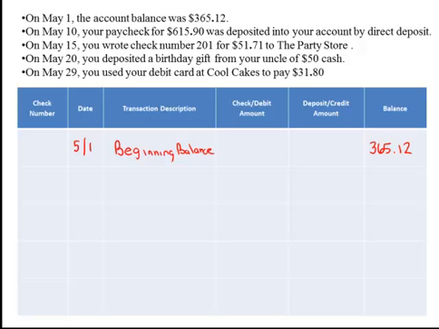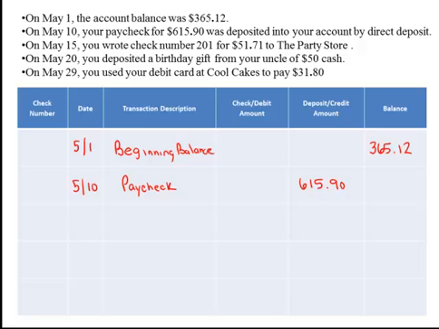On May 10th, your paycheck of $615.90 was deposited into your account.